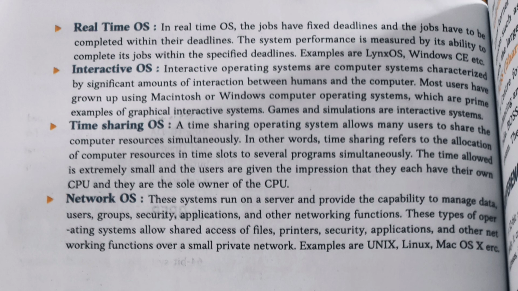Sharing of files, printers, security and applications is allowed in this operating system. It is also used for private networks, for example if I connect my network with a smartphone, then it is called a private network. So in the same way, these are the different types of operating system in a computer.